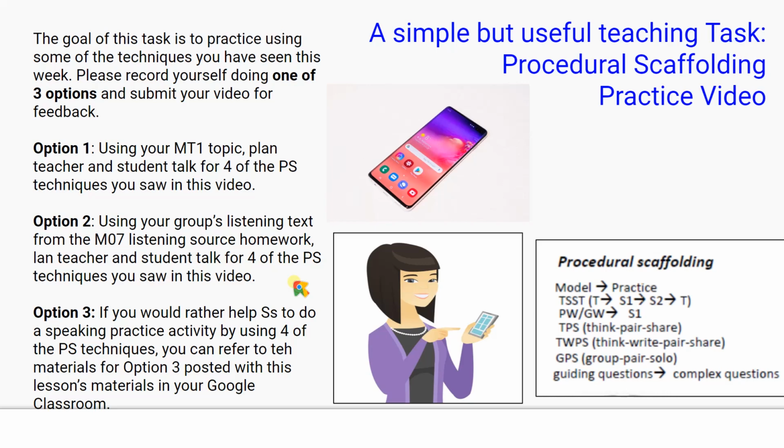And your third option, if you're interested in helping students do a speaking practice activity, we haven't really reached that in Microteaching yet, but if you would like to just try out using some materials, I've provided some materials that you can use for option 3. There are picture tasks and grammar practice tasks, and you can just do the same thing, 4 interactions, teacher talk and student talk, and check out the model for that.